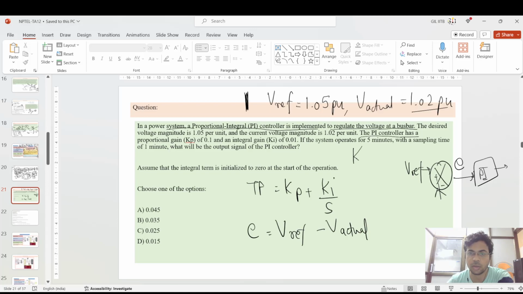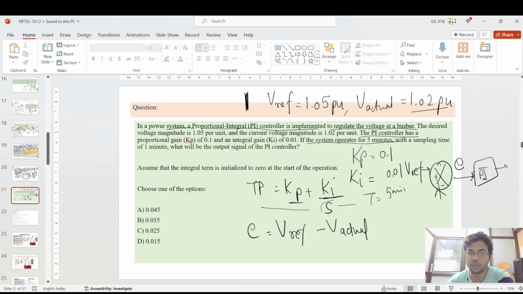So based upon that, I have used a PI controller which has a KP value of 0.1 and a KI value equal to 0.01. You know the transfer function, that is KP plus KI by S. KP is the proportional constant, KI is the integral constant, and 1 by S is the integral controller.